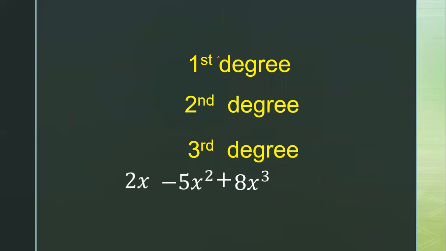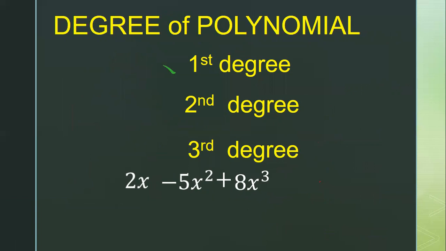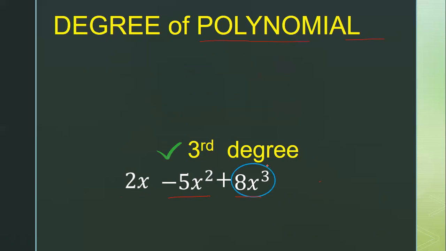First degree, second, or third degree? So first degree is the degree of 2x. Degree of negative 5x squared, second degree. Degree of 8x cubed is third degree. So the degree of this polynomial or trinomial is third degree.